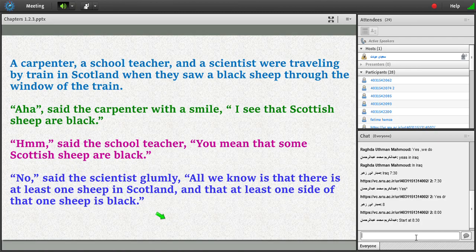What made them different? Can you write in the chat box your understanding in the form of a sentence? Why are these three people different? Can you write in the chat box?